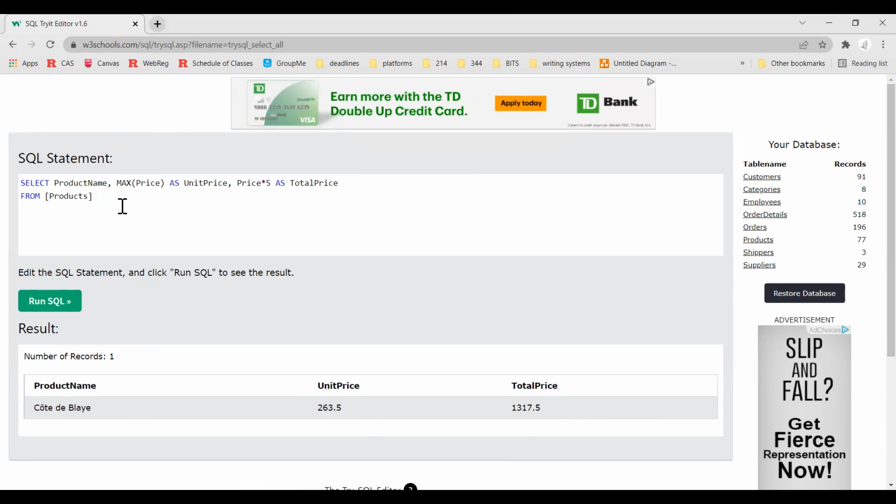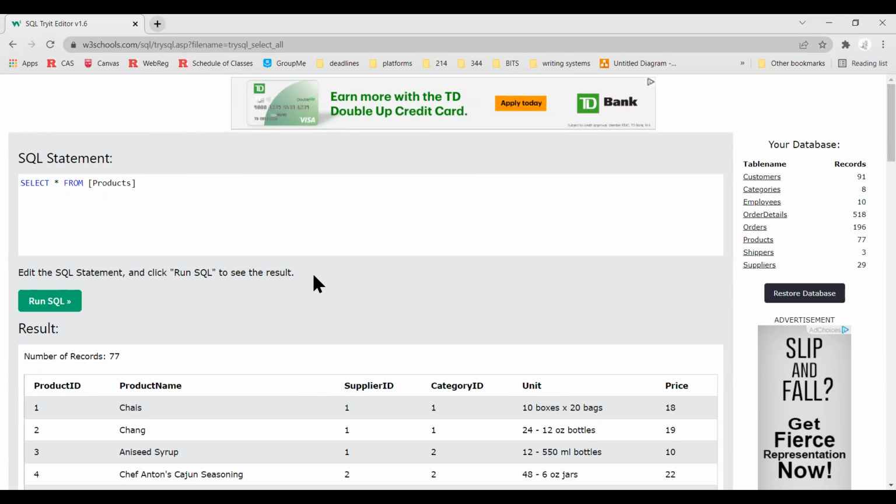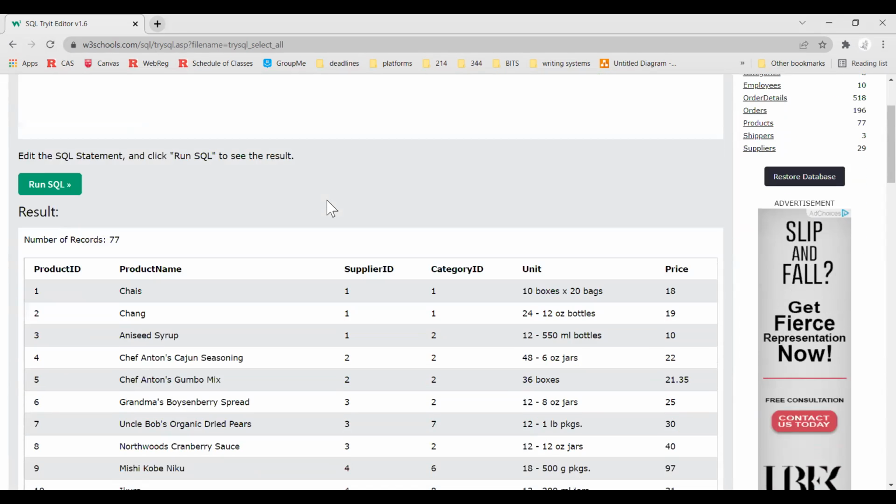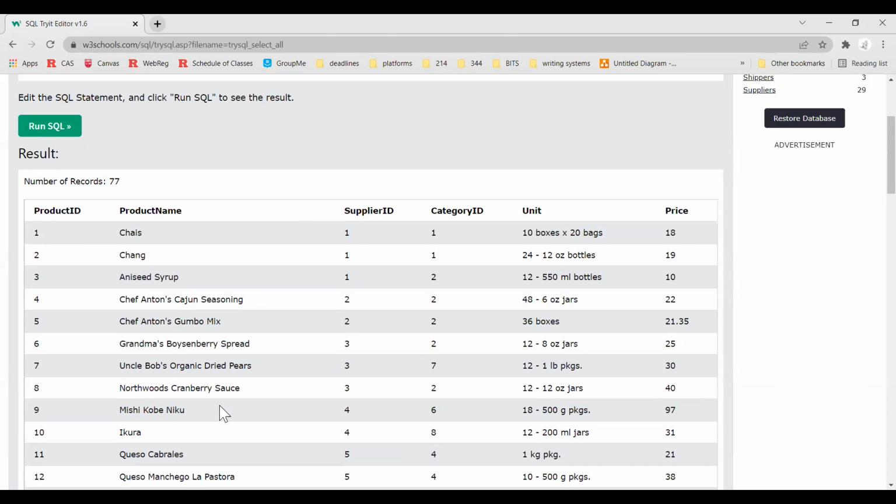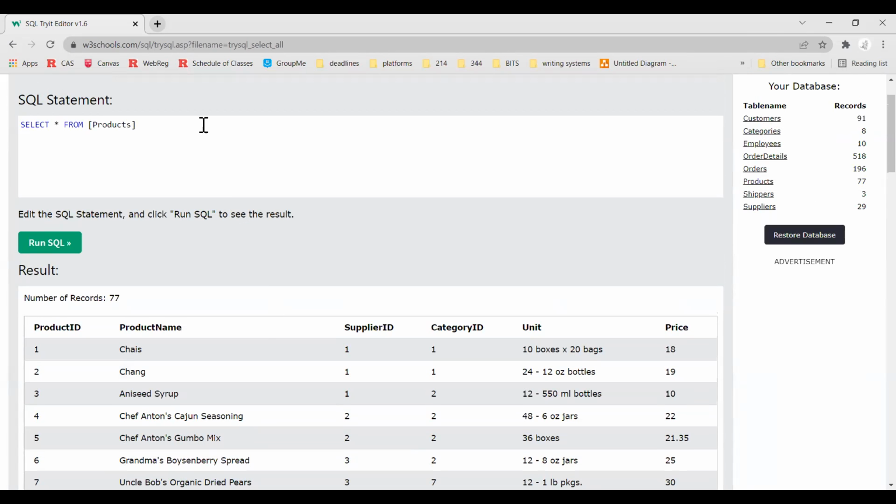All right, and now let's take a look at all the products again. So let's say we want to find a part of a string. So this one has sauce. Maybe we want to find everything that has the word sauce in it. So all the sauces.